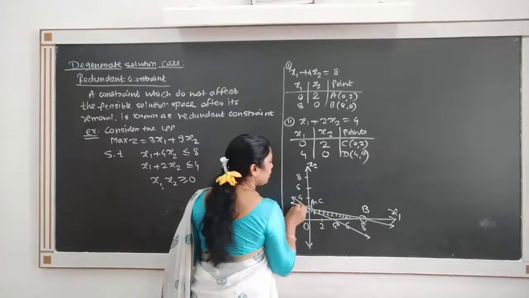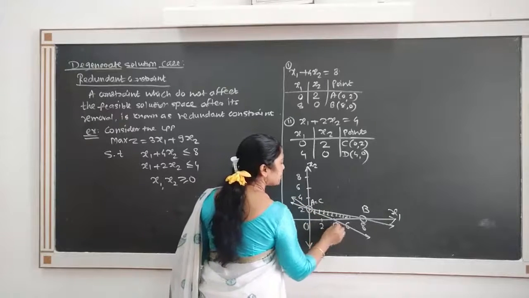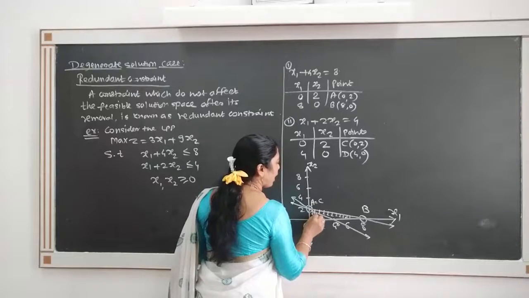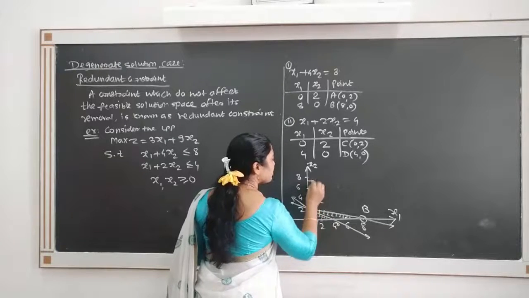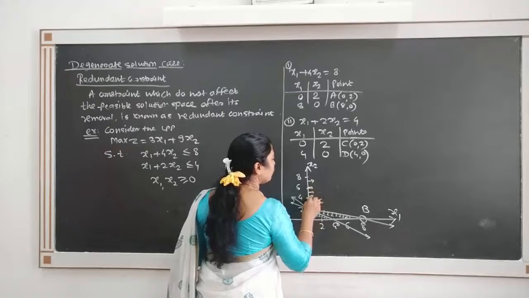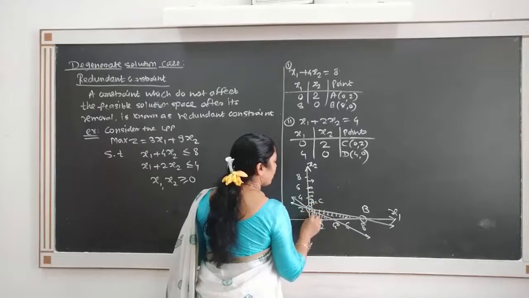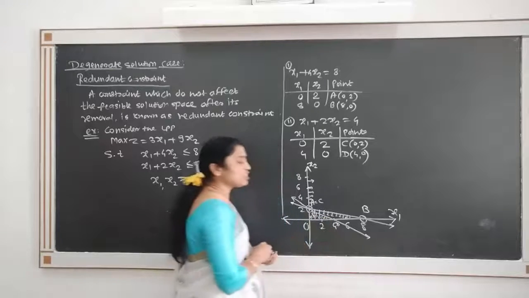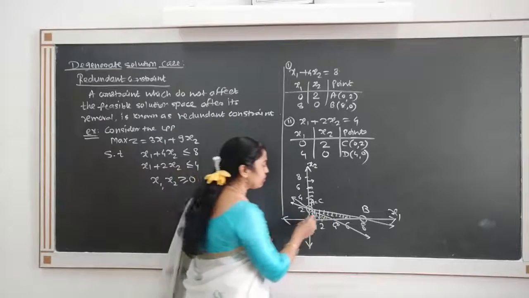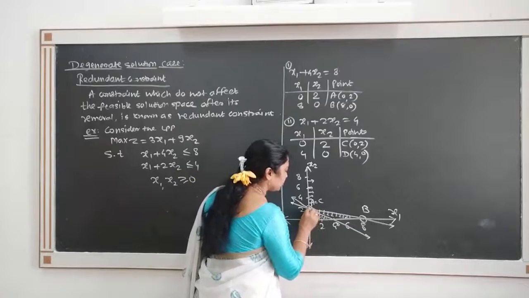So join the points, that is nothing but the line CD, the region below that, because origin satisfies it. And for x greater than or equal to 0, we have this region. For y greater than or equal to 0, this region. So which is the feasible region? The feasible region is this one.